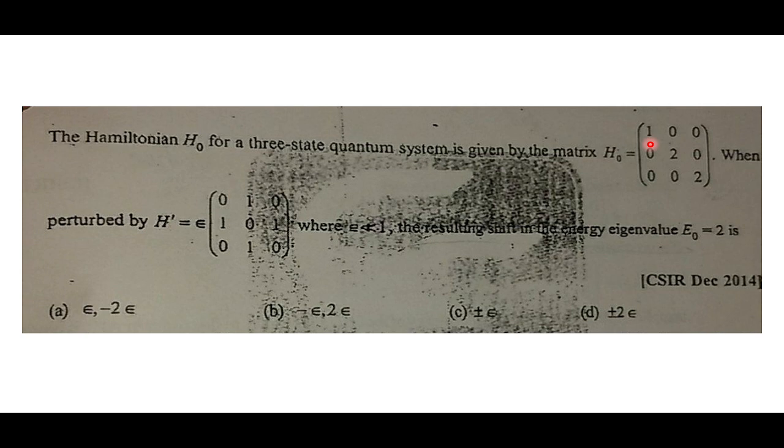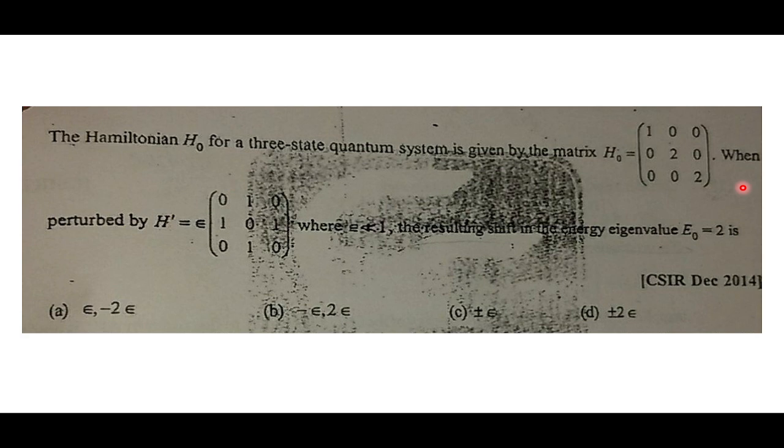And for 2 it is 0, 1, 1. That is not possible for both, because there are three different states. So the other would be 0, 1, minus 1. Okay, so you have to normalize that, then 1 by root 2, 0, 1, minus 1, right?